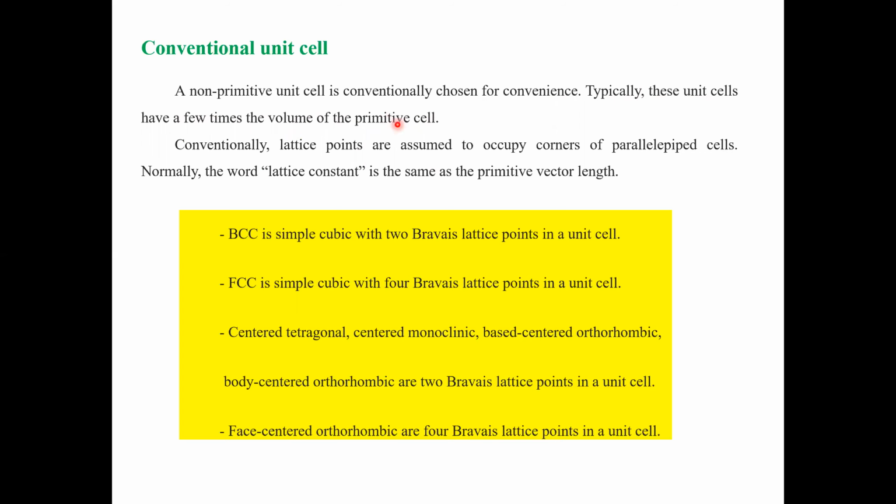Remember, a primitive cell contains only one lattice point, right? So of course, the primitive cell has the smallest volume compared to the conventional unit cell. In the next lecture, we'll talk more about this, the 7 crystal systems and 14 Bravais lattices.